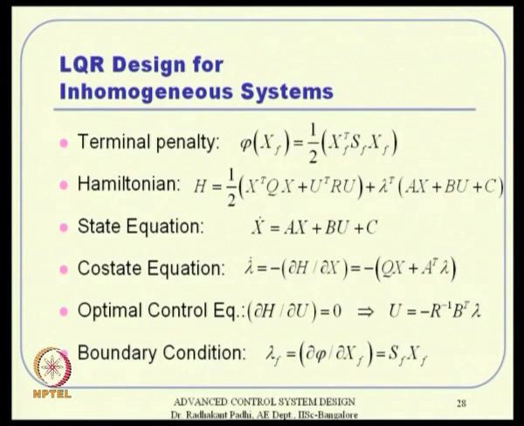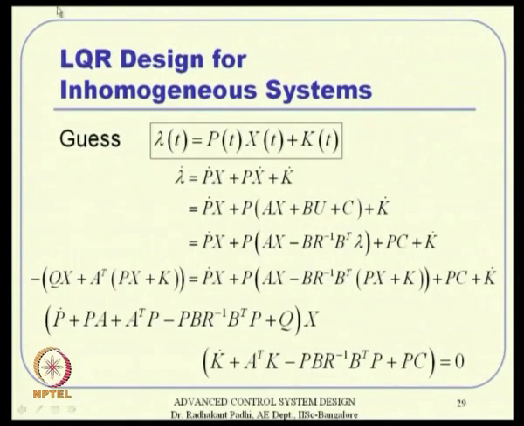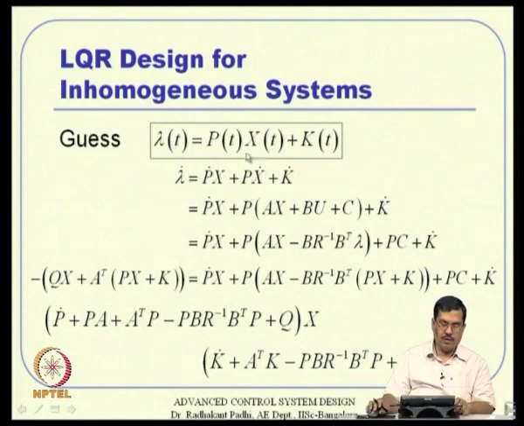So, with that philosophy, let us start by saying lambda is not only a linear function now, but something like a straight line equation, where I have this k of t in addition to this term. Let me see whether I can handle this problem through this type of lambda solution or not.